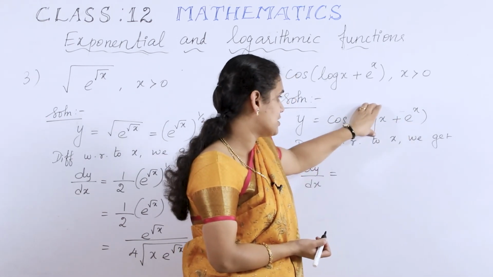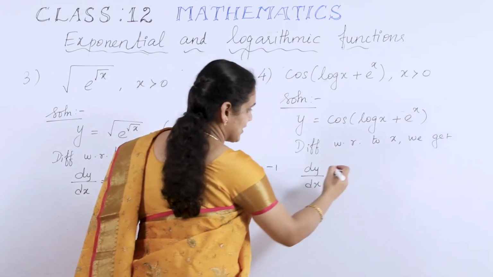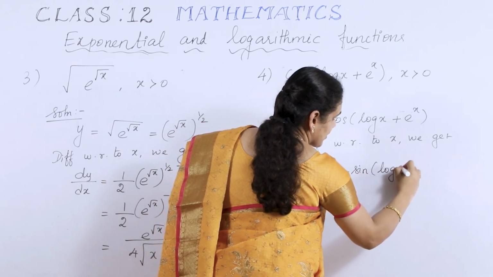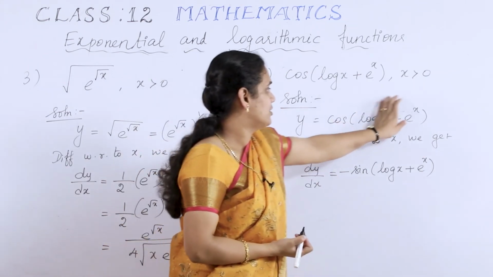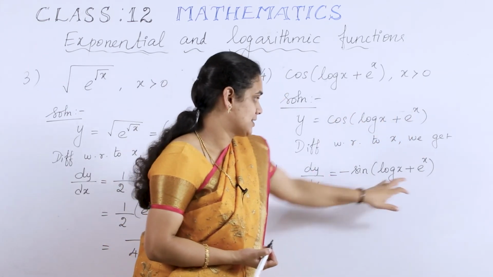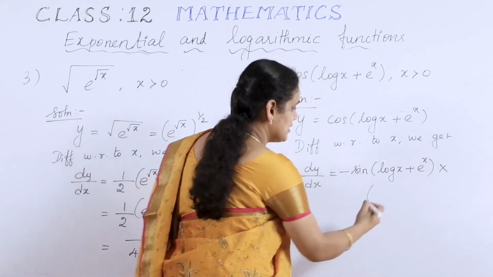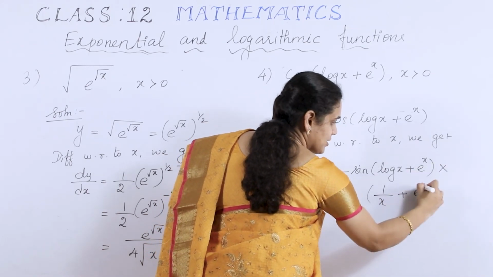So we differentiate separately this one and then this one. So derivative of cos is minus sine. So minus sine log x plus e to the power x. Okay. Here we have to treat this one as x. Okay. Then derivative of cos x is minus sine x into, then derivative of log x is 1 by x plus e to the power x derivative is e power x.